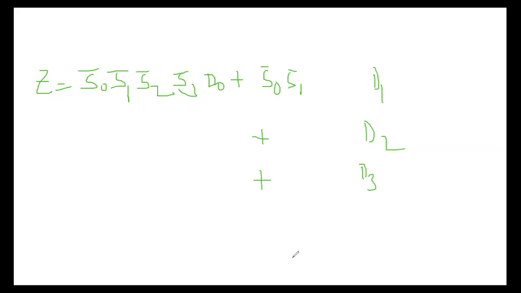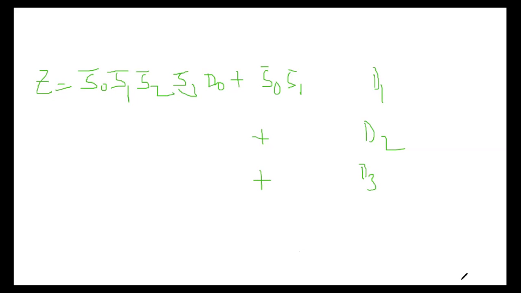So to draw the logical diagram of a 16x1 MUX, it requires 4 inverters, 16 AND gates of 4 inputs, and a 16 input OR gate, simply.